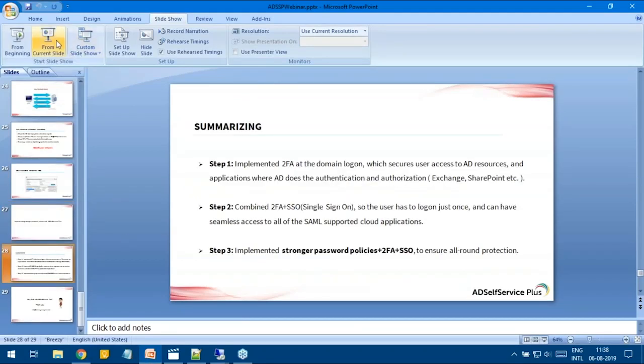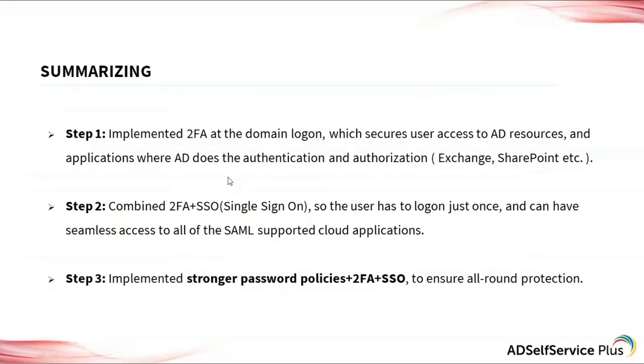So a quick summary of what we just saw. We saw how a domain user with absolutely no privileges can perform an attack. In order to combat that, we split the problem into two parts: two-factor authentication and weak passwords. We implemented two-factor authentication with single sign-on. This secures the user's access to on-prem AD resources, on-prem AD applications, and any cloud applications configured within ADSelfService Plus.